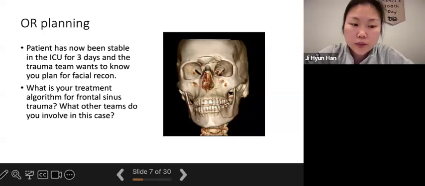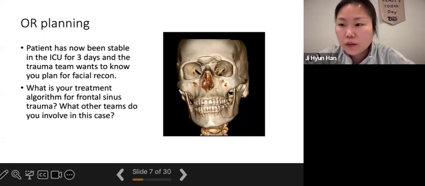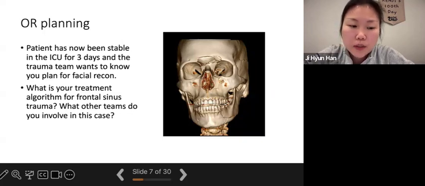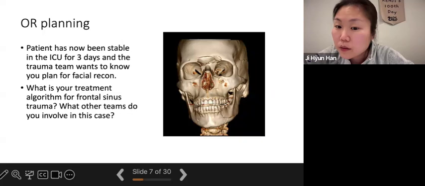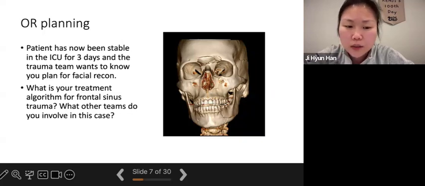In terms of treatment algorithm, I mentioned previously it involves which aspects are involved: the anterior table, posterior table, and the frontal sinus outflow tract. Assume there is a posterior table fracture as well. Yes, I thought I saw that.